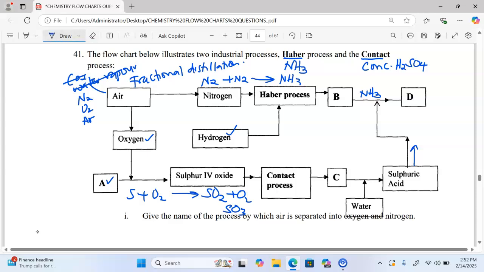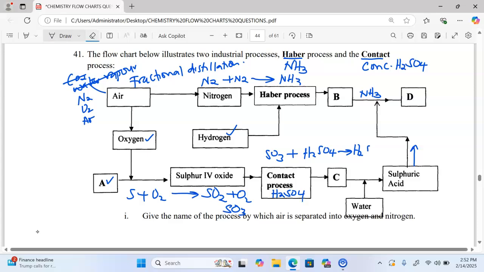So sulfur 6 oxide gas is dissolved in concentrated sulfuric 6 acid to form compound C, which is oleum.